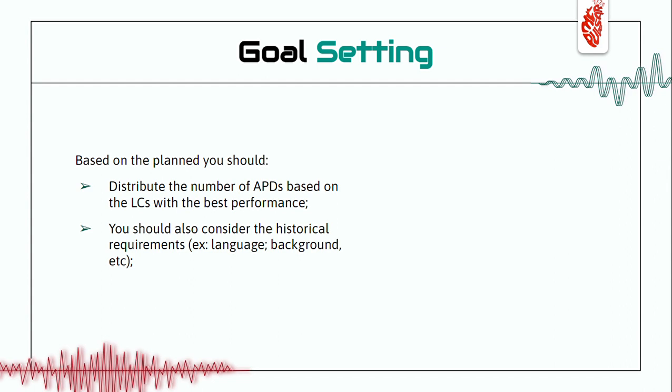You should also consider the historical requirements, so we're talking about the language, the background, etc. You should look at what kind of project you have and what the requirements are, to know which kind of IR partner you need to work with, and which kind of language or requirements you need to implement and highlight or set expectations about with your IR partner, so they don't send you the wrong profiles, or profiles that you need to reject and then have problems with them.